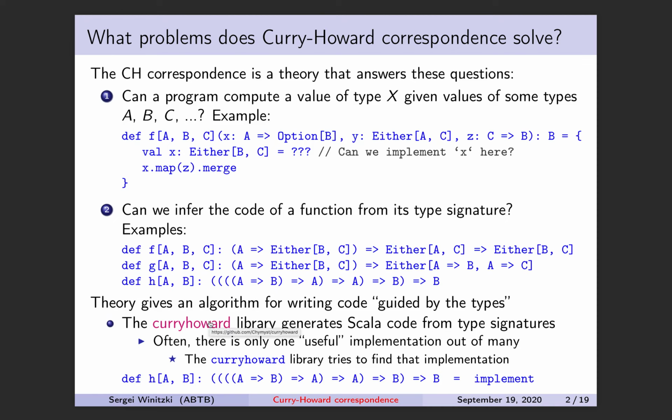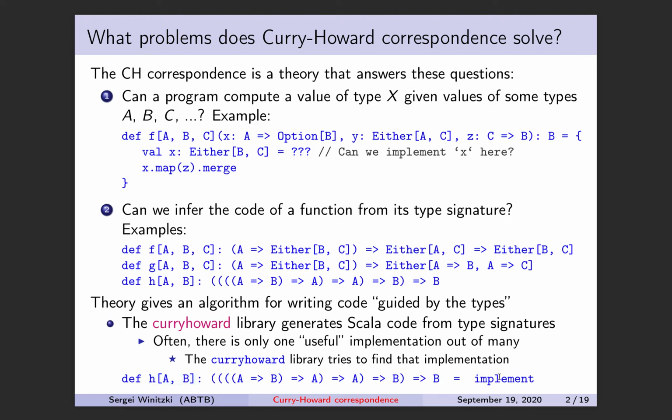So here is a link to an open source library that I implemented some time ago that generates Scala code from type signatures. And this code, for example, can be used like this. You write the type signature and you say equals implement.